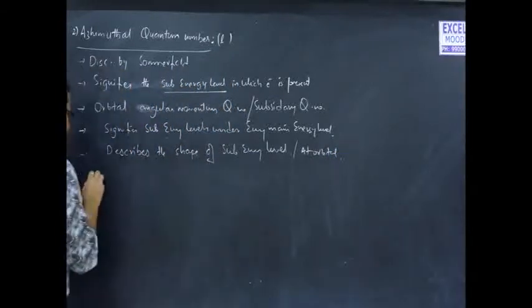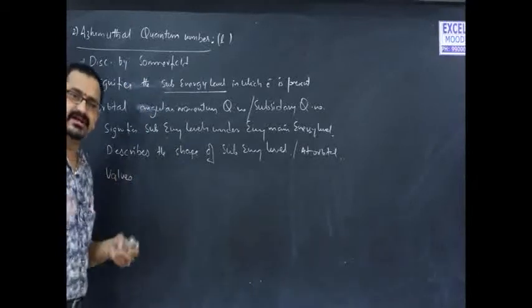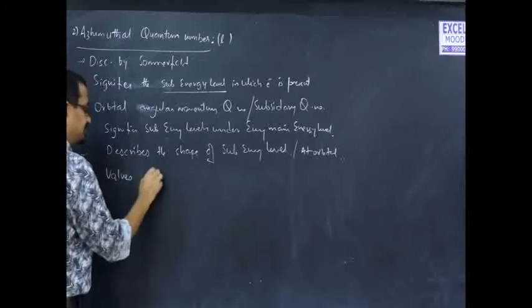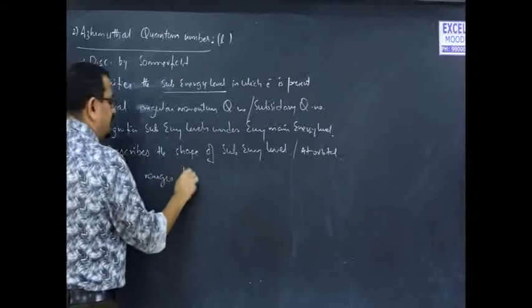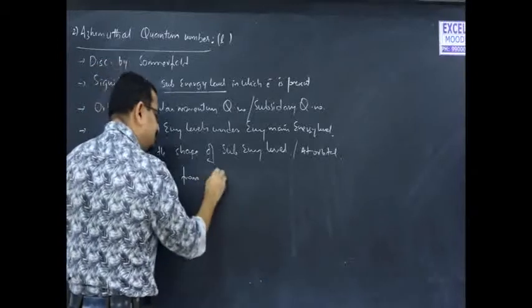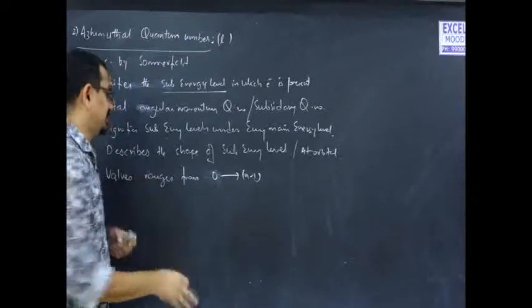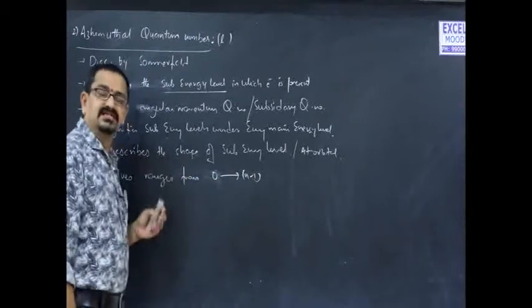These values, or designations, designation is a better word than values, range from 0 to n minus 1. Here 0 is not a null point, 0 is a designation.